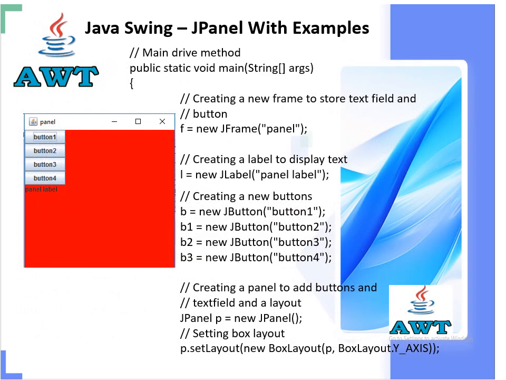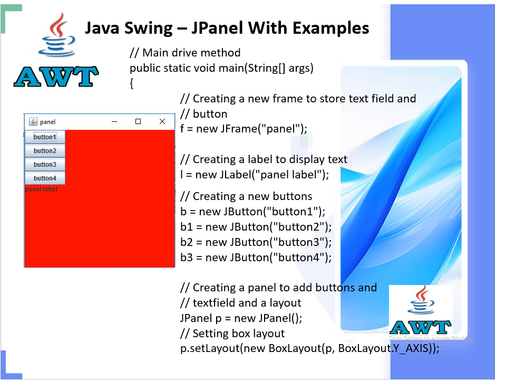Here a sample program is given to create a JPanel by using the Java Swing library. Here we create a new frame, named F, to store the text field and buttons. Creating a label to display the text, at that time we have to create a new object under the JLabel category.